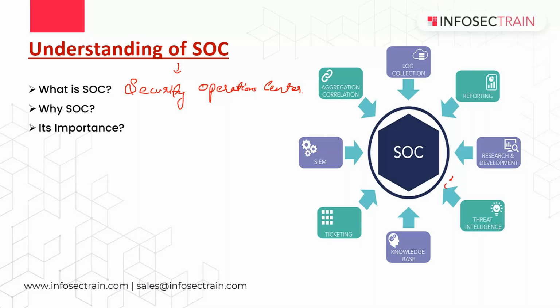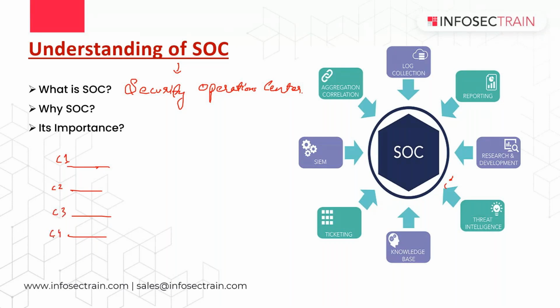For example, when you go to a mall, you see multiple floors, right? And every floor has a CCTV camera, isn't it? Every floor in that building has a CCTV camera. Camera 1, camera 2, camera 3, camera 4.